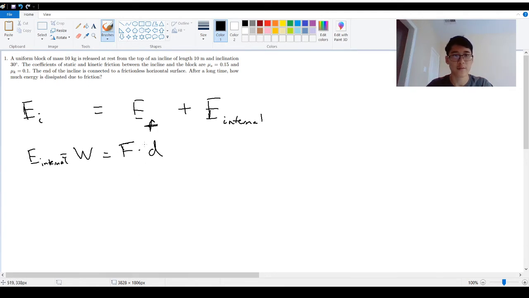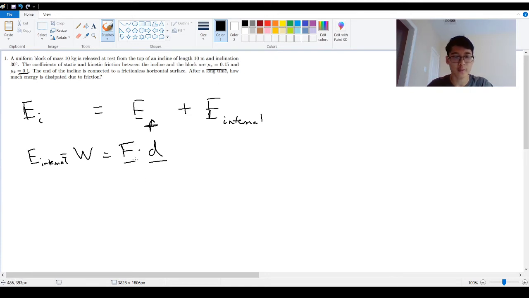So now all we have to do is figure out the force and the distance that friction acts. We are given that the distance that friction acts is over this incline of length 10 meters that has these coefficients of friction, right? And afterwards it goes onto a frictionless horizontal surface, so we don't need to worry about that.